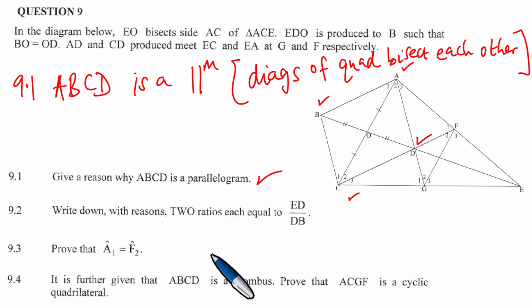And this is it. ABCD is a parallelogram, so the diagonals of the quad bisect each other.